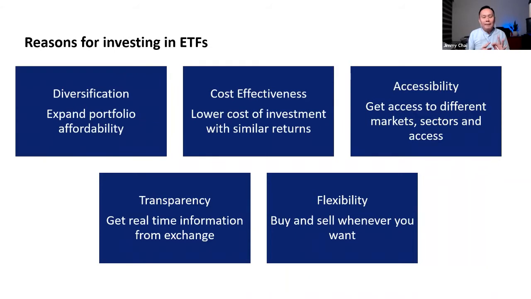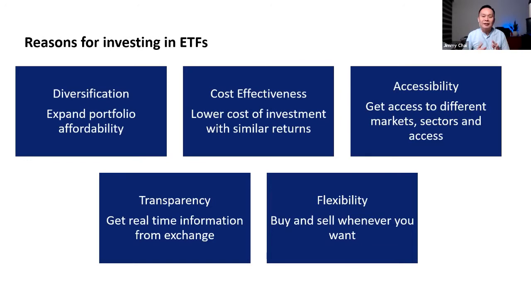So ETF is actually more than that, right? Having saved time, having to do passive investing is only a small part of it. But ETF itself can do much more, okay? So the number one benefit of ETF is that it can do diversification.